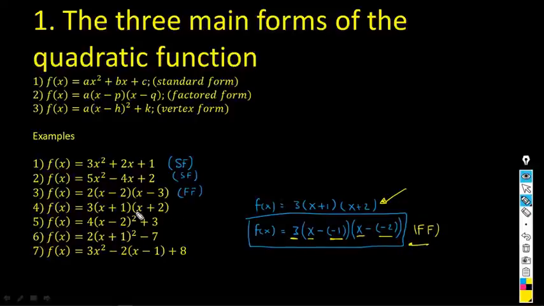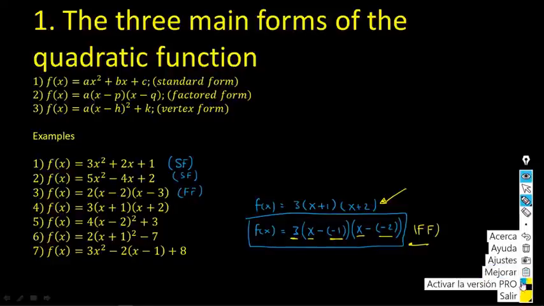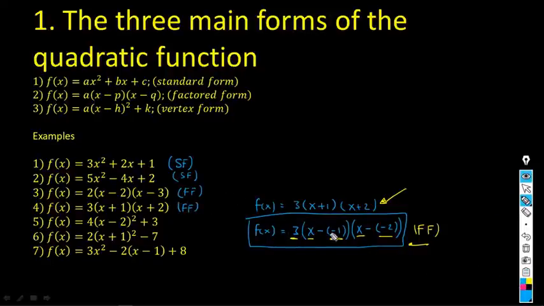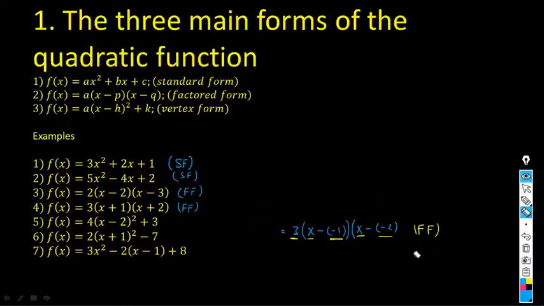So again, we can classify this as being in the factor form with just a little of doing this little thing in here. Okay, look at the next one, number 5, and do the same thing.